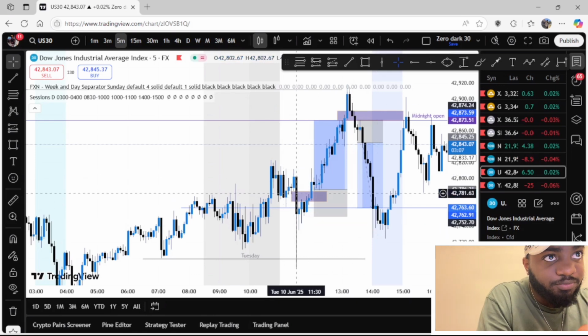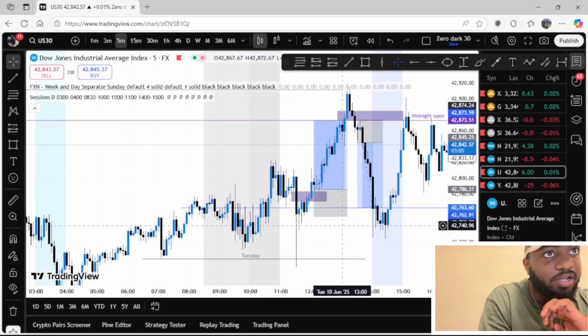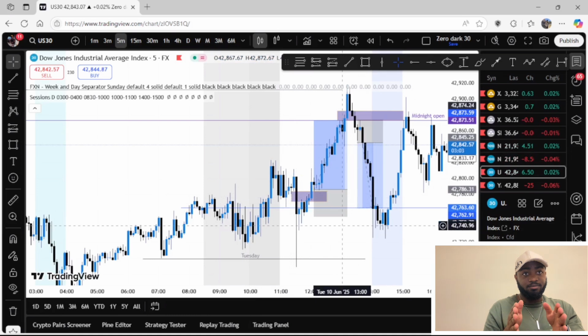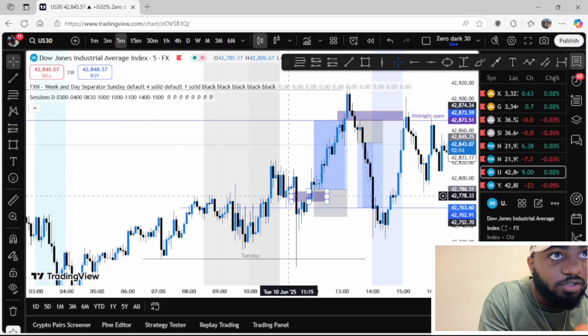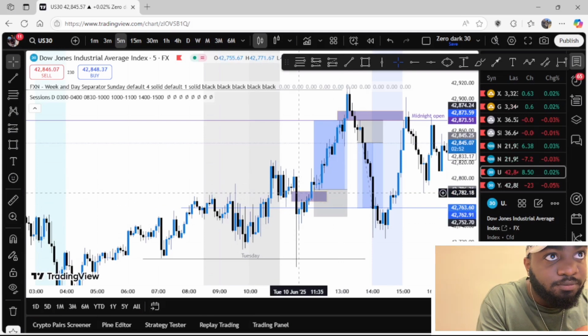All right, so here we go. An inverse fair value gap is a fair value gap that gets violated, and signals that a reversal is happening. For example, here we have a bearish fair value gap. One candle, the body, two candle, fair value gap.